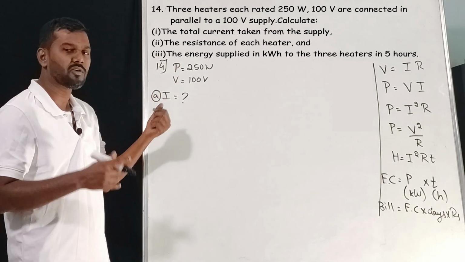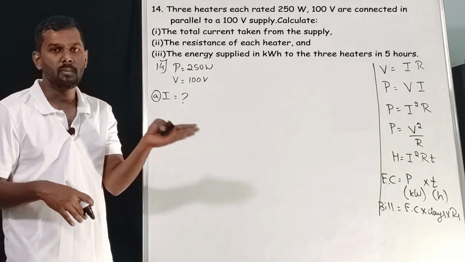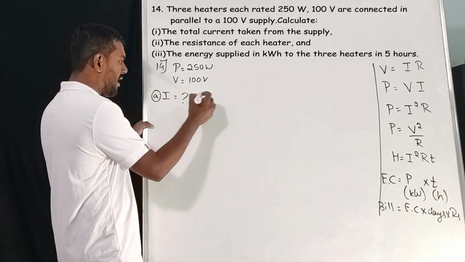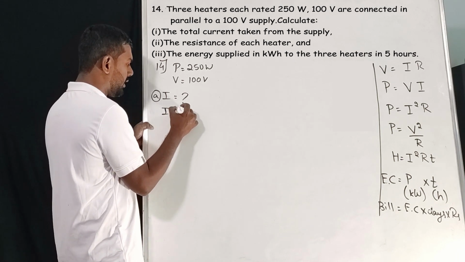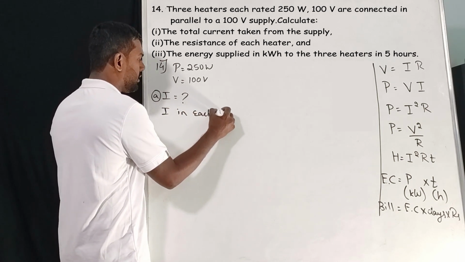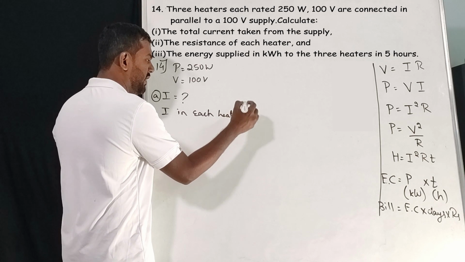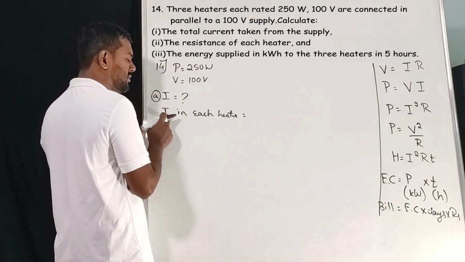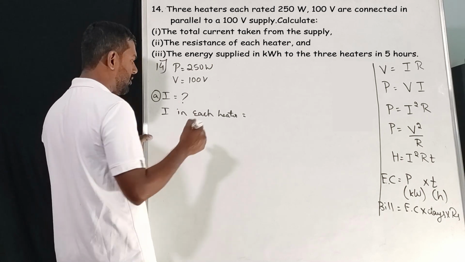So first we'll find the current for one heater, then we'll go for multiplication. Listen, current in each heater, using voltage and power we can find current according to the second formula.